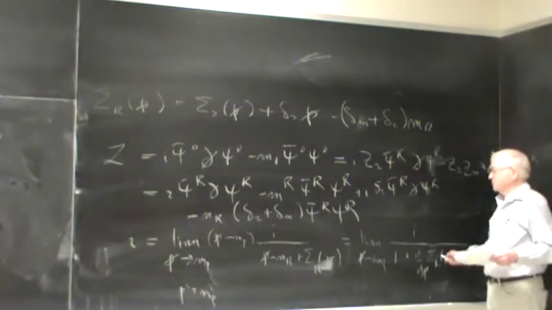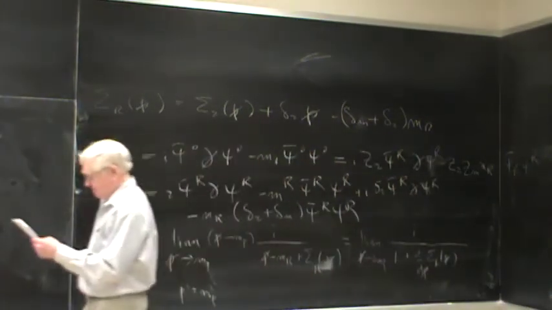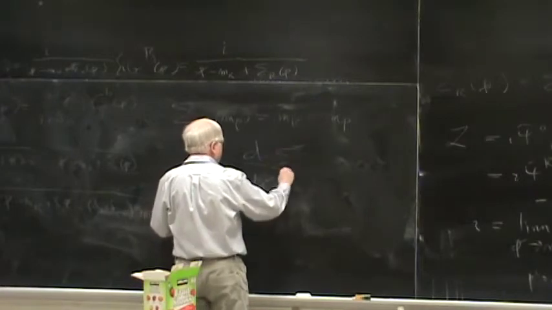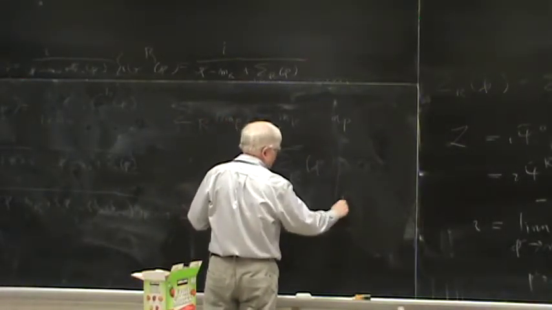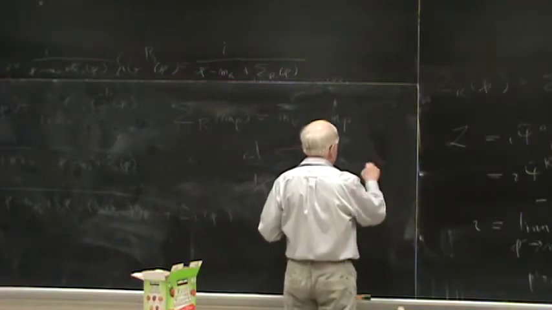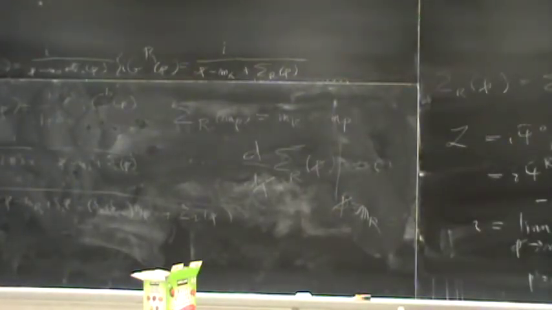And so this thing should vanish. In other words, the other condition is d/dP slash of sigma R of P slash on shell, which is P slash equal to M_R, equals 0. And again, P slash equal to M_R makes no sense because P slash is a matrix.